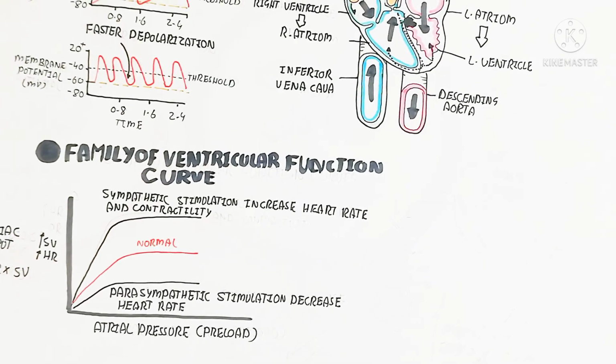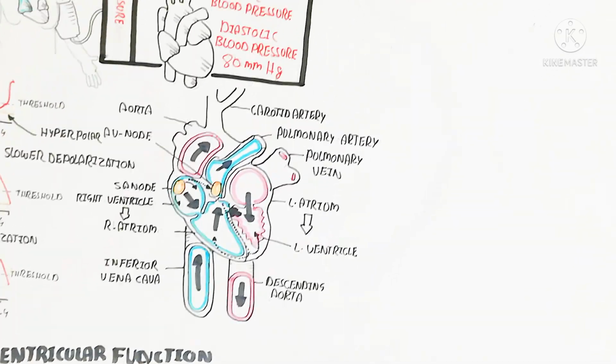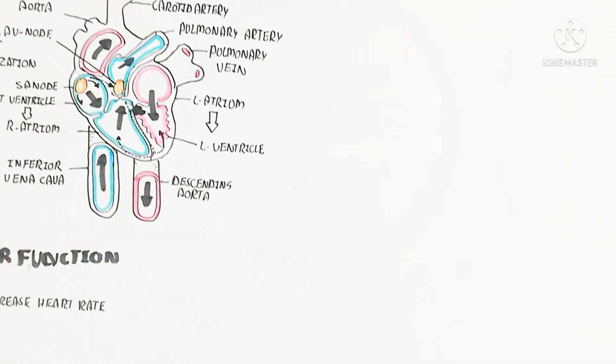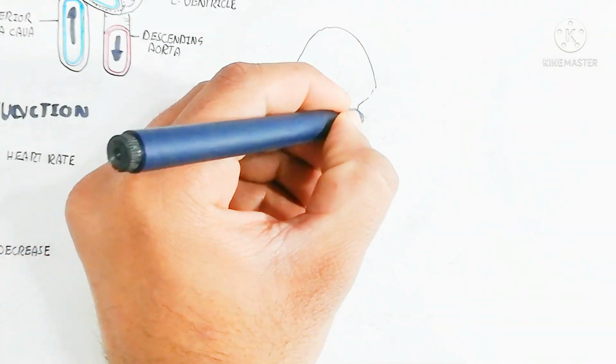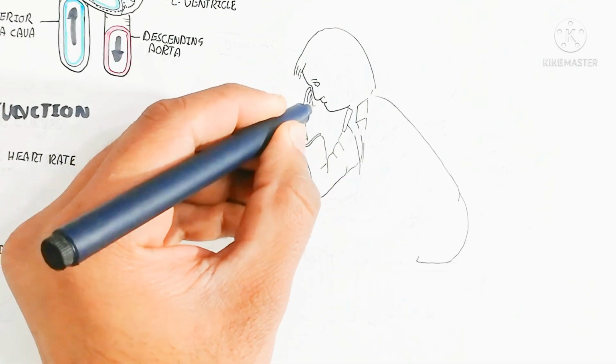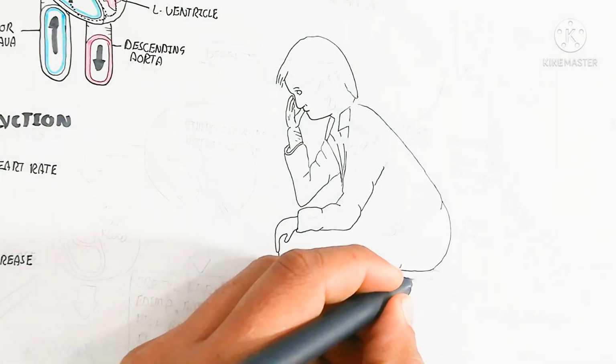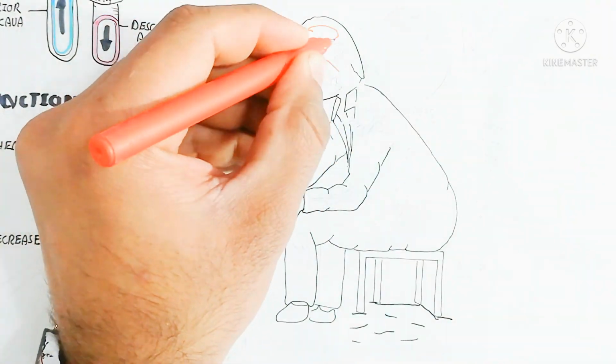The stroke volume means the ejection of blood will be more, as well as the heart rate will be increased, while it decreases during parasympathetic nerve stimulation. Parasympathetic nerve stimulation decreases heart rate, while sympathetic nerve stimulation increases the heart rate.